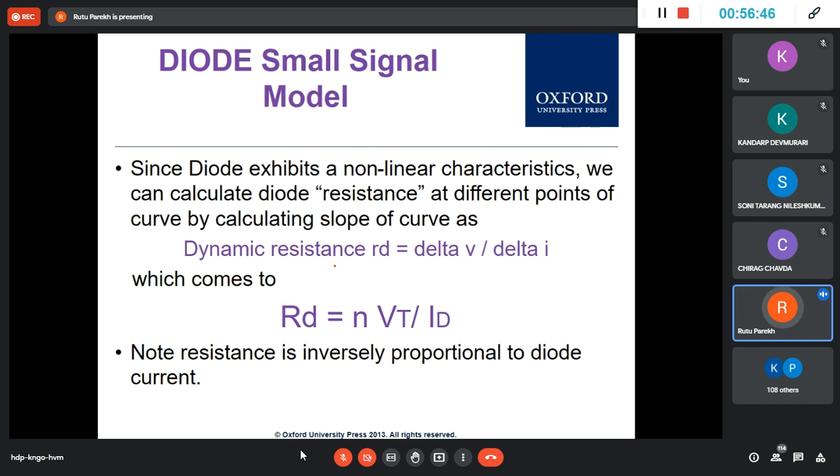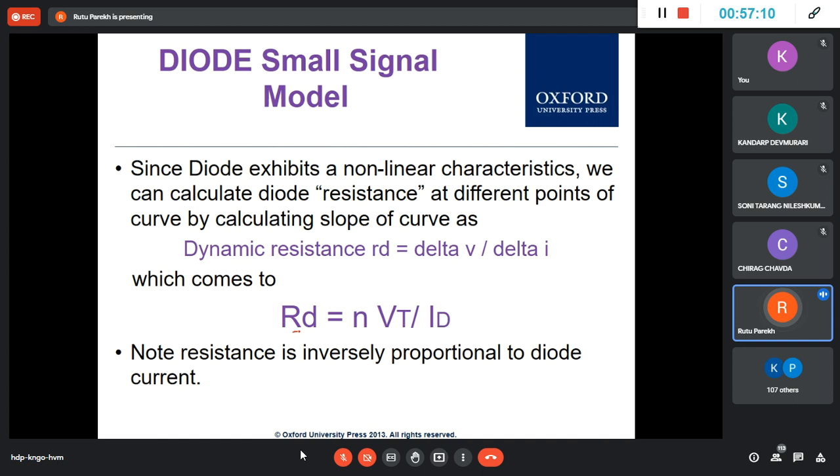R is equal to V by I, given by changing V, delta V upon changing I. If you solve that, taking delta V upon delta I in your diode IV curve, you will get RD is equal to NVT upon ID.